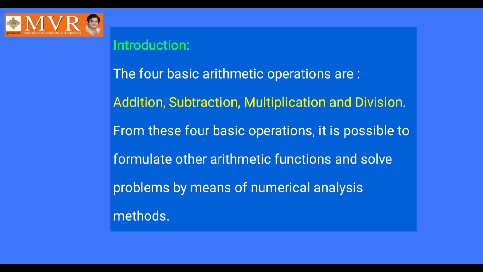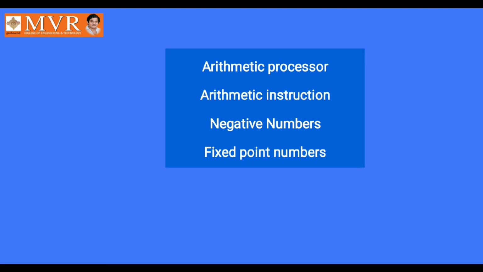To perform an arithmetic operation, whether addition, subtraction, multiplication or whatever it is, we need an arithmetic processor. In the basic computer organization, there is a control unit and the arithmetic logical unit, ALU.